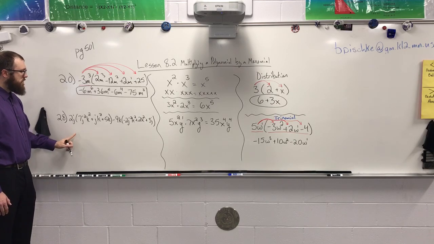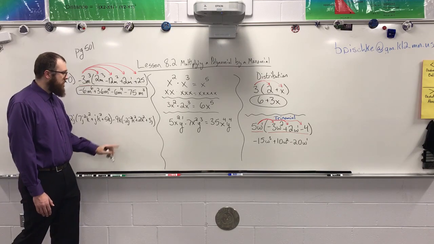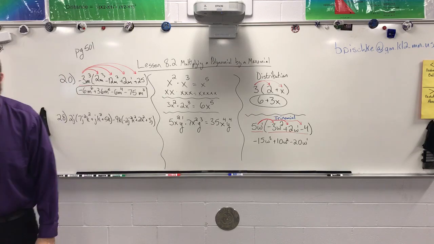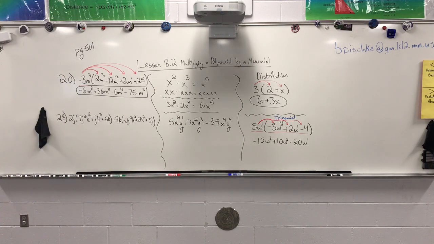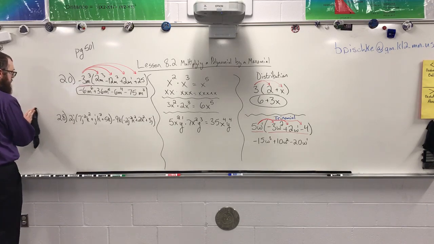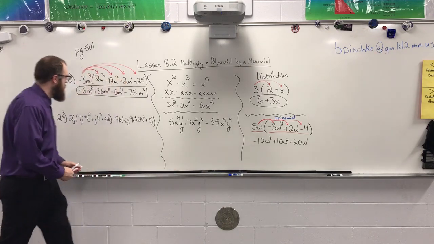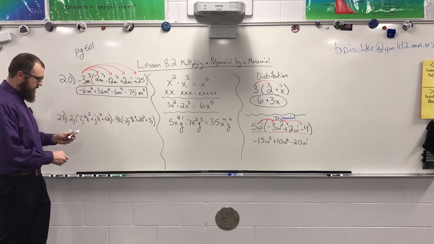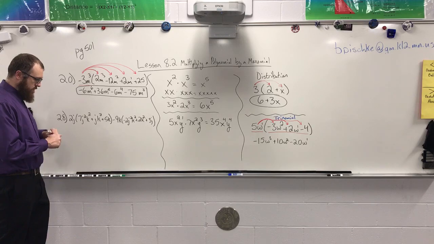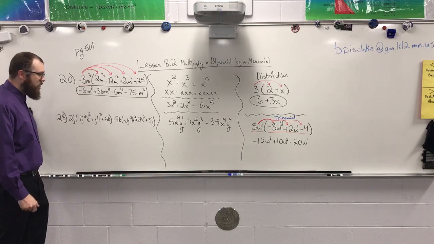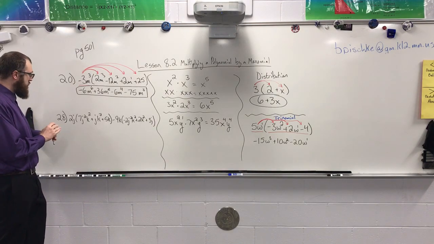This next one is one of the more difficult ones in the homework assignment. I have 2 distributions that I'm going to do at the same time. And on top of that, I'm probably going to have some like terms that I have to put together when I'm done. I'm going to separate them using color so that everybody can hopefully keep track of what's going on.